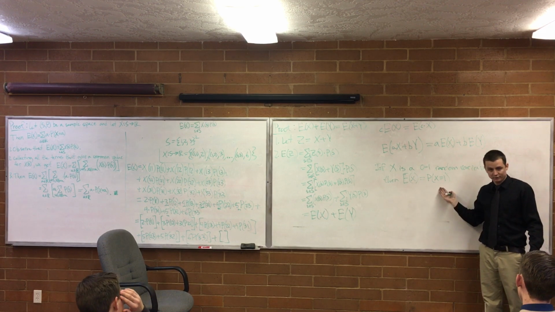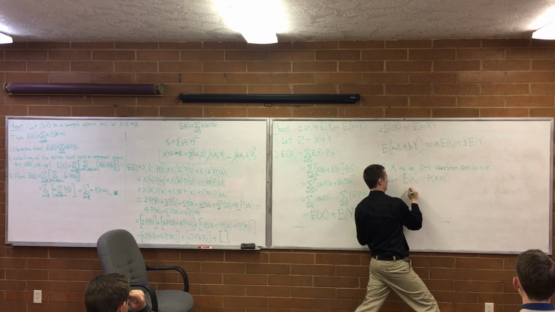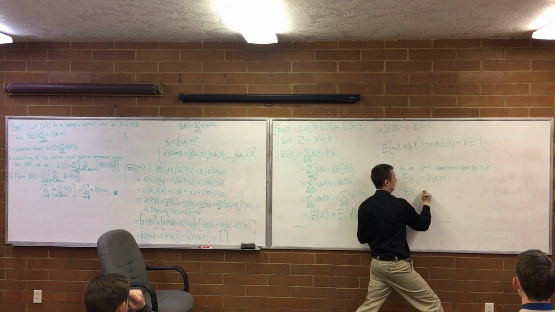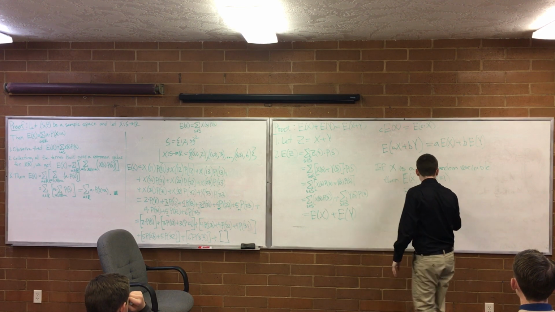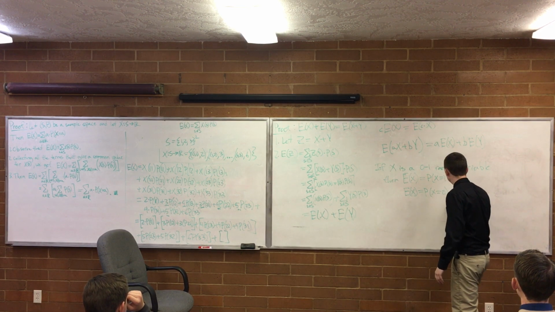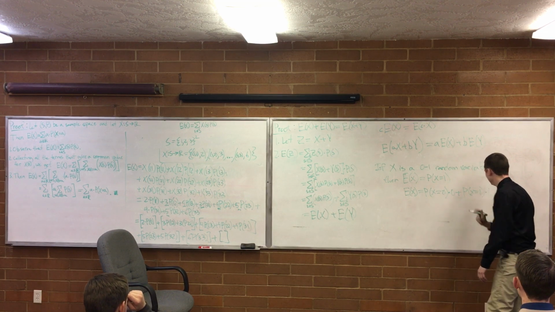Why does it equal this? Well, let's write out its definition explicitly. That's going to be the probability that x is equal to 0 times 0, plus the probability that x is equal to 1 times 1, right?